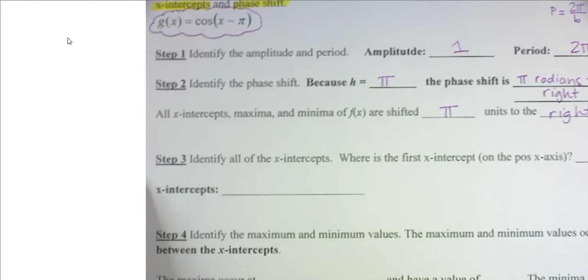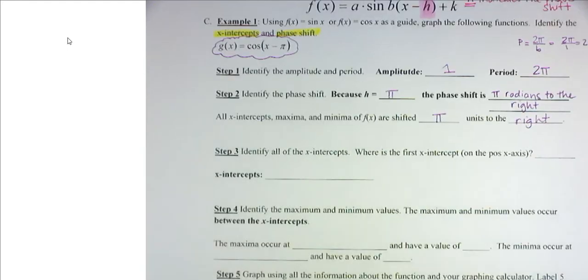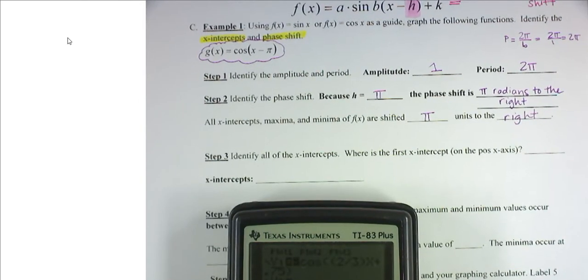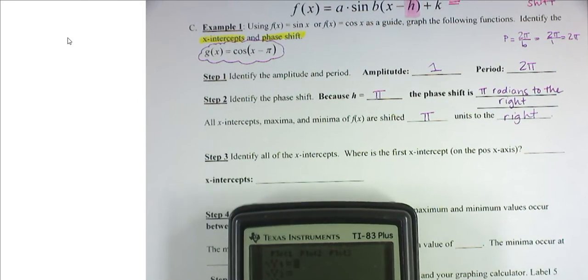And that's fine. I know that some of this has been challenging for you, and you might feel more confident looking at your graphing calculator. So again, make sure that your mode is in radians, and then we can graph the cosine. This is x minus, and then you're going to use your pi key.